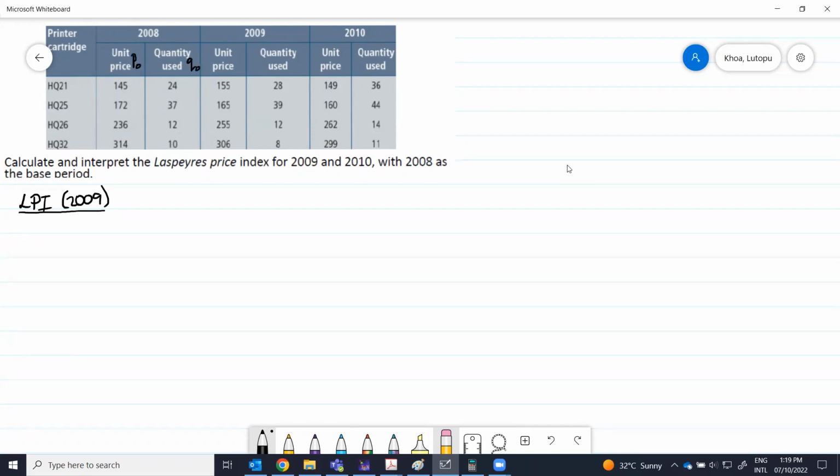And for the first one, price index of 2009, this will be our P1. This is our Q1. And remember the formula. Since it's a price index, P1, P naught, and Laspeyres keeps the base year quantities constant. So it's Q naught, and then multiply by 100.